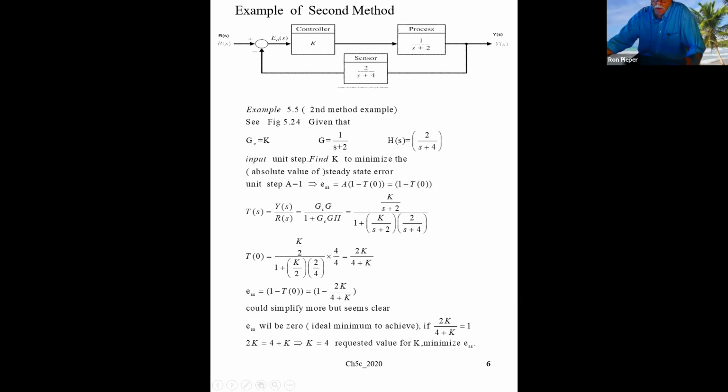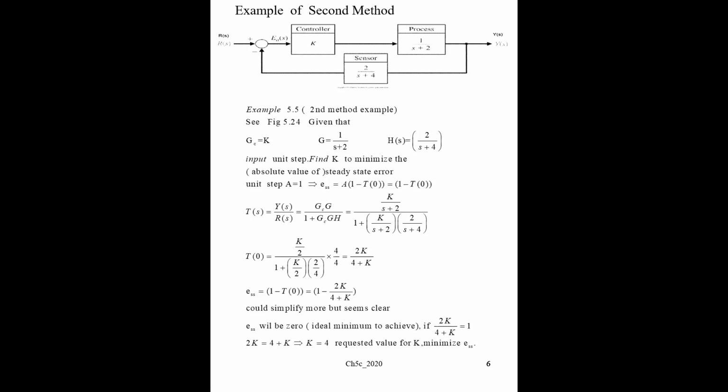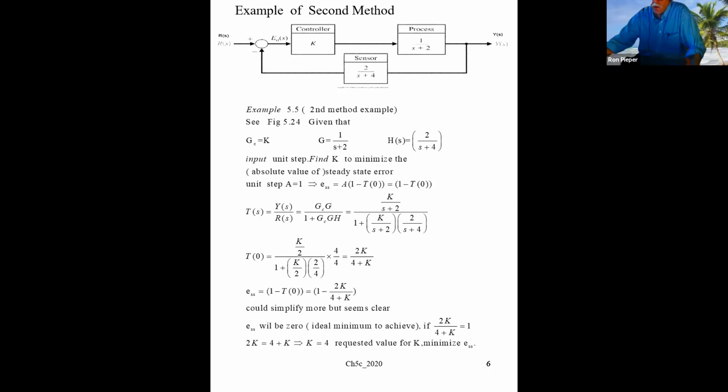And then all we really have to do is come up with the closed loop transfer function for the system, and then after that, set s equal to 0. Then we're pretty much most of the way along to finish the problem.